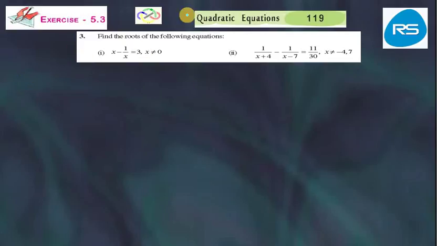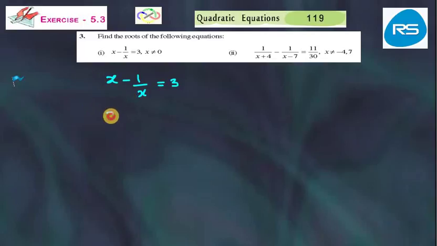Question number 1. What is the question he has given here? Find the roots of the following equation: x minus 1 by x is equal to 3, where x is not equal to 0. How to simplify this?